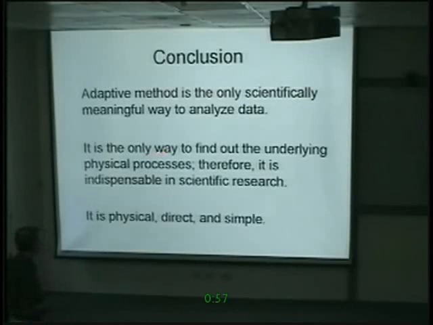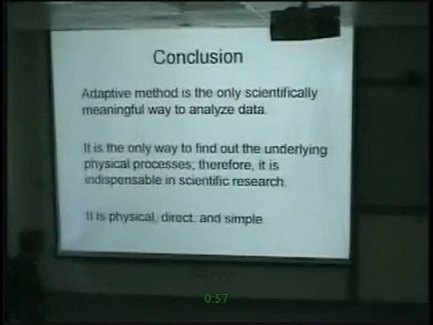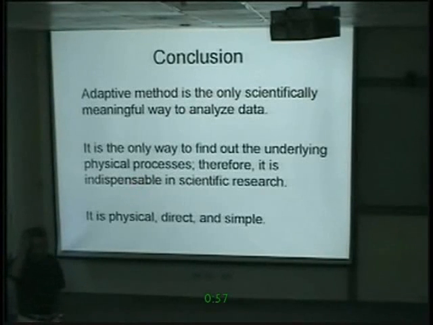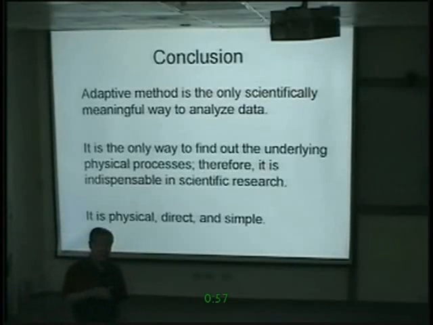Another thing is that the only way to find out the underlying physical process, you have to use adaptive method. You have to use adaptive basis. Therefore, it's indispensable for scientific research. Scientific research is not just grinding through the data. Scientific research is finding the physical meaning of the data.